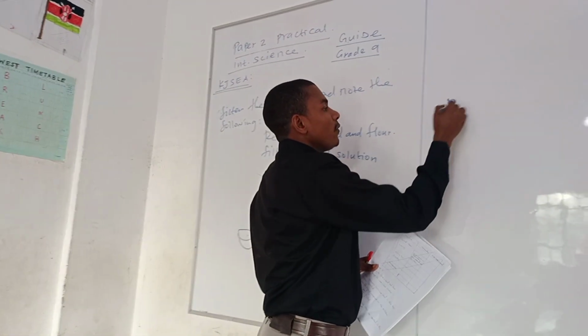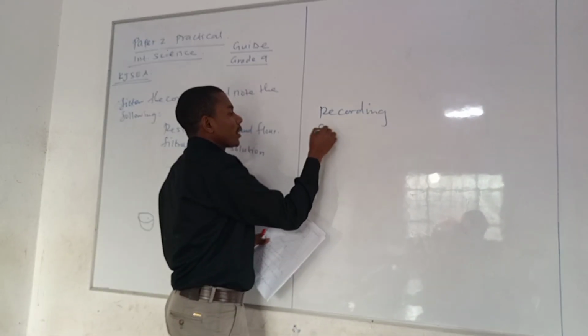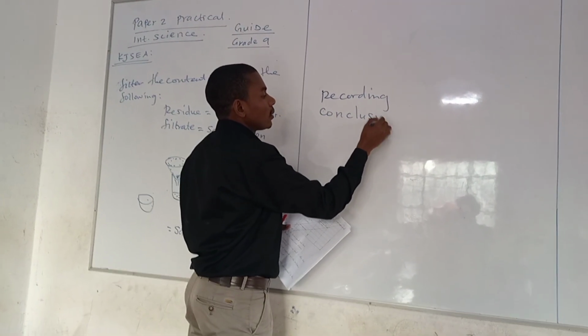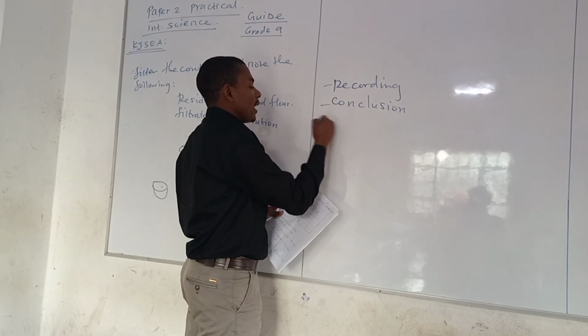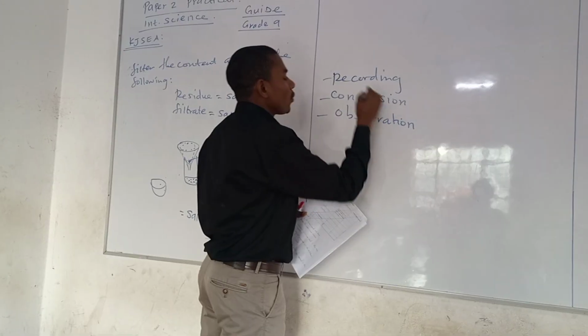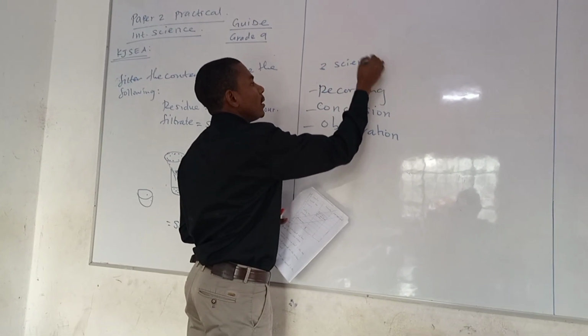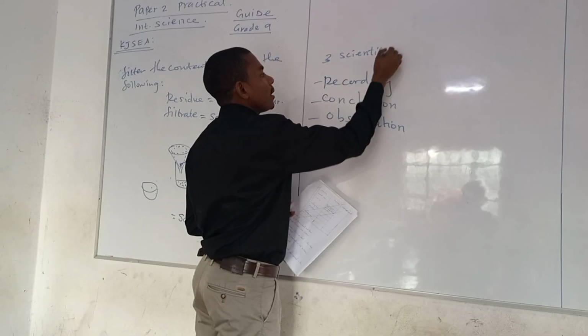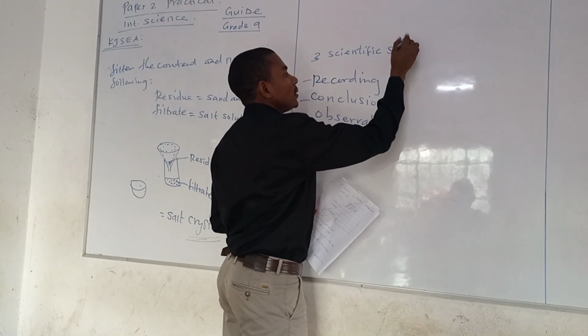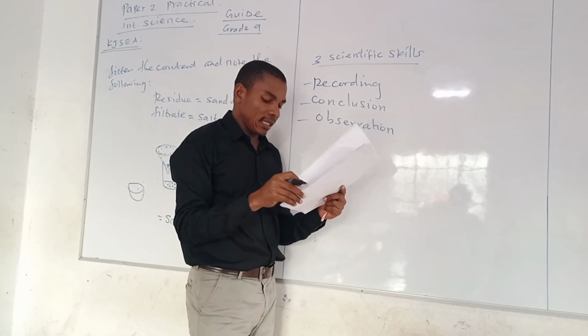The skills we have record, we have conclusion, and finally observation. So these are the three scientific skills used in this experiment.